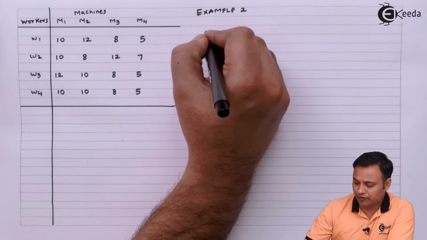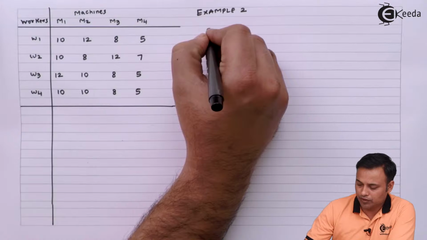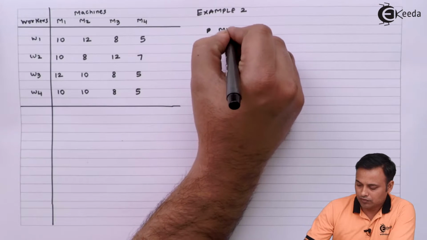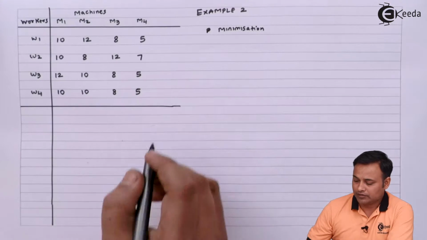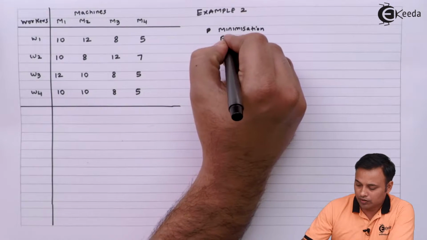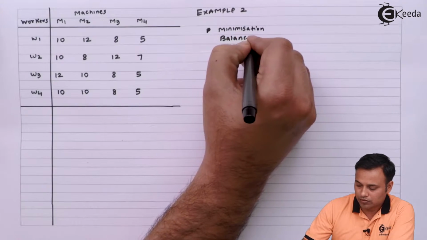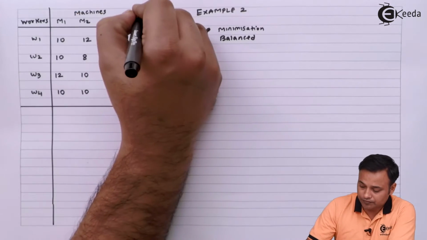Our first step will be, the problem should be of minimization, and the second step, the problem should be balanced.